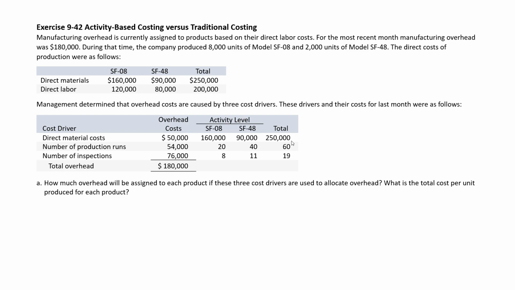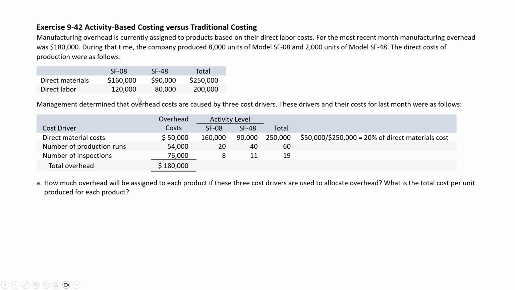For direct materials costs, we're going to take the overhead assigned to it of 50,000, divided by the total of direct material costs. That was 160,000 for the 8 model, 90,000 for the 48 model, which adds up to 250,000. 50,000 divided by 250,000 means that direct material related overhead is applied at 20% of direct materials cost.